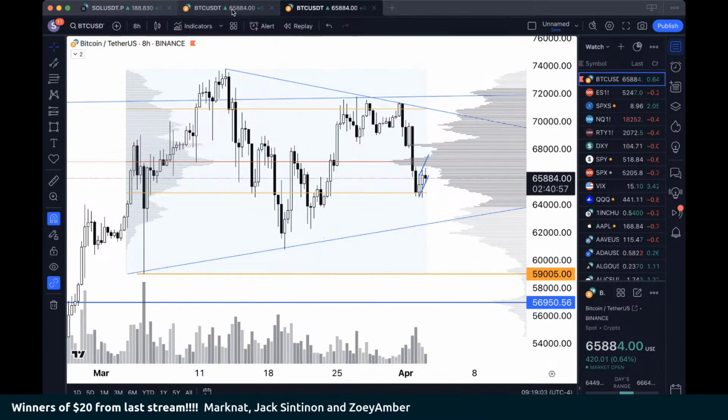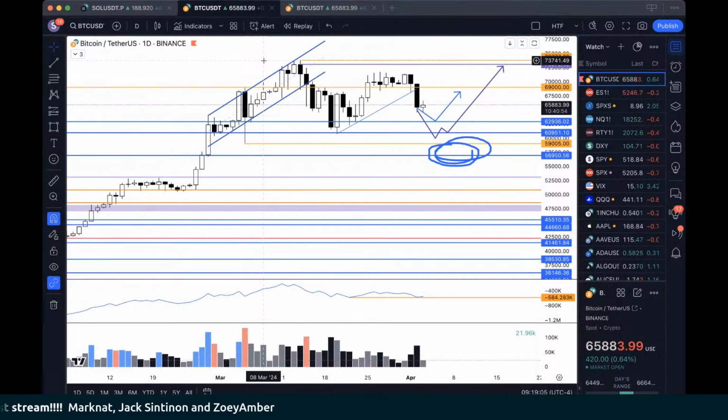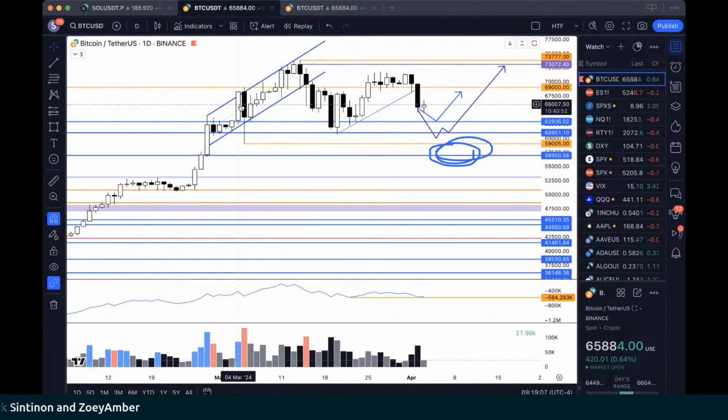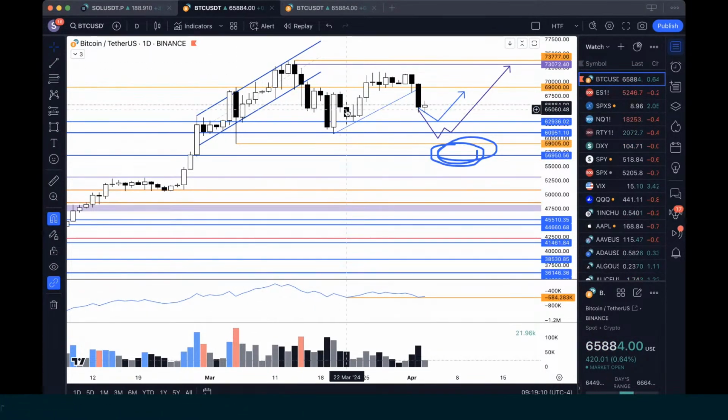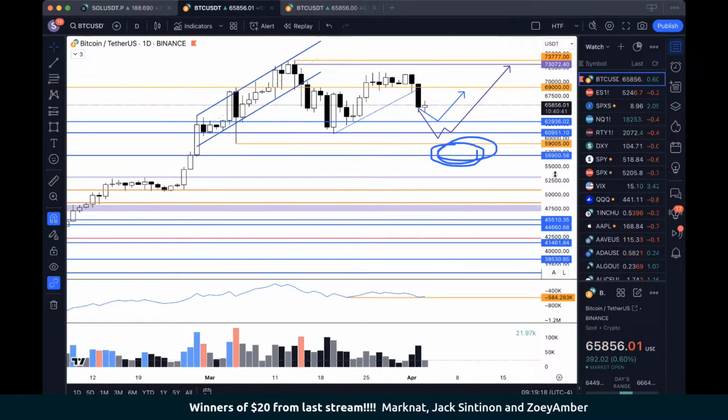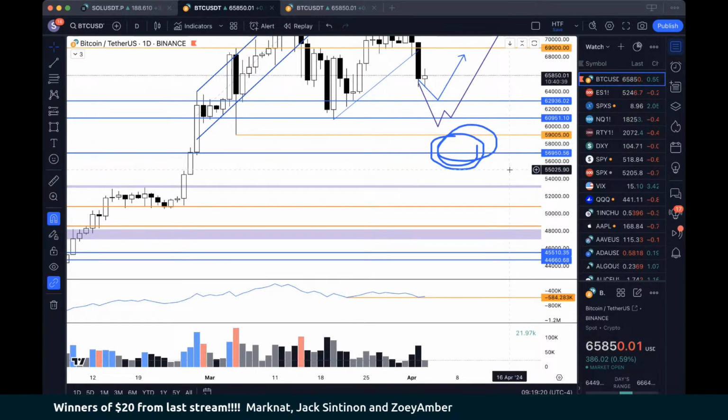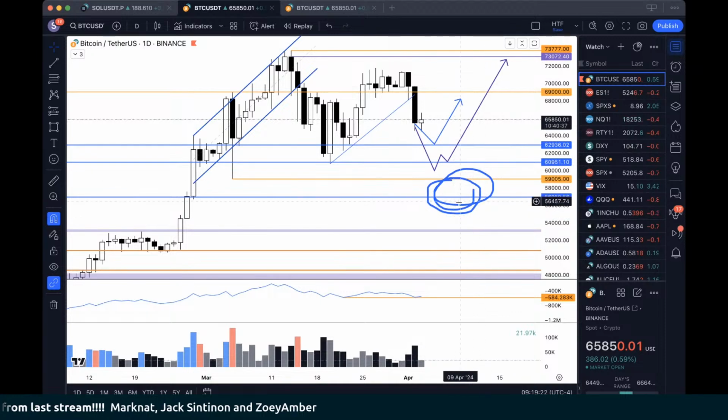Now, I do want to go back and look at the chart. This chart has a lot more thought put into it. Some of these levels are years old, and so you can see that it really comes back to the same thing.